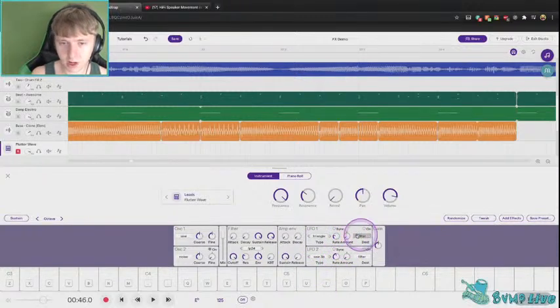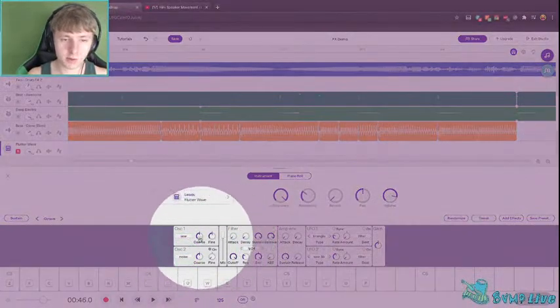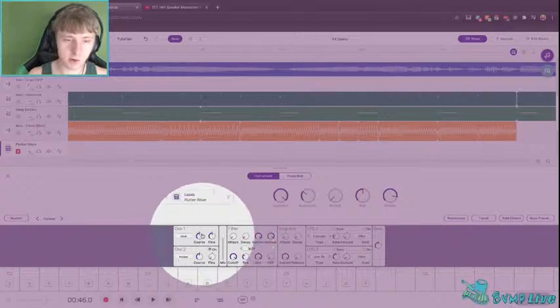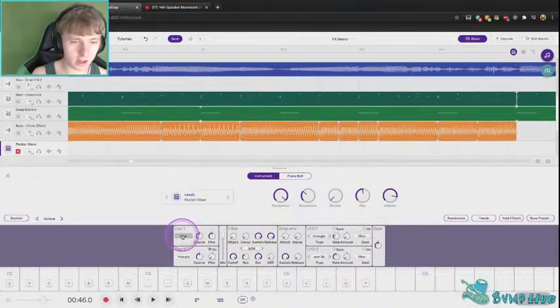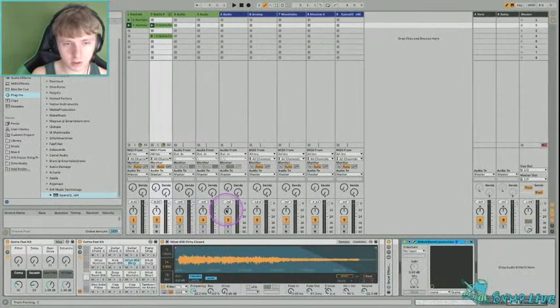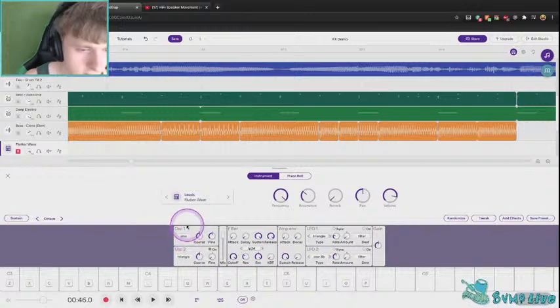Good, these are both turned off. So we have oscillator 1 and 2. We're just going to hear oscillator 1 because the mix is all the way up here. Just making sure that there's nothing playing here. Okay, good. So let's pick sine.